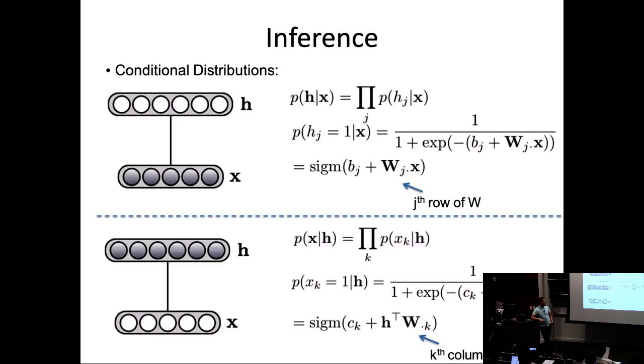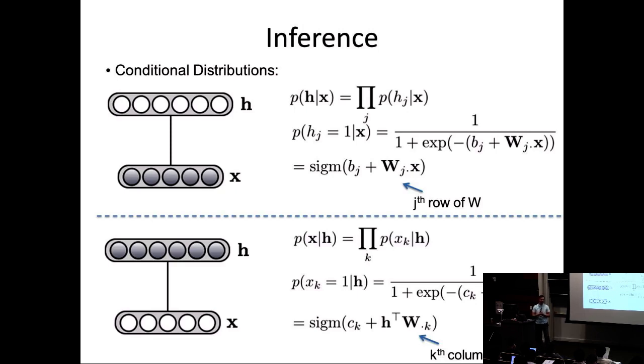And alternatively, the conditional probability of x given h is given again by the product, because they become independent. And now the conditional probability that x takes value 1 is also given by the sigmoid. So it's almost like you go up and then you go down, right? So you derive these conditional probabilities. From the joint, you can always figure out what the conditional probabilities are. And again, it's also given by the sigmoid.